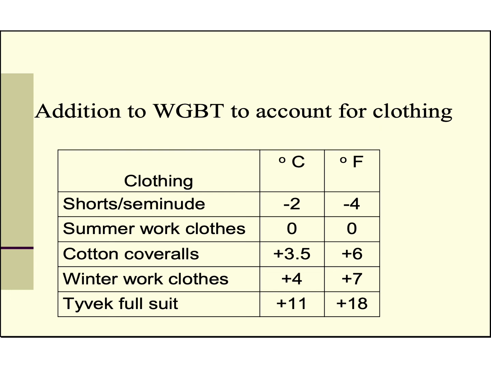The last 2, the winter work clothes and the Tyvek full suit, are from other sources. Even though I put it on there, I'm a little dubious about the Tyvek one, because the WBGT really becomes fairly meaningless if you have a suit that's relatively impermeable to moisture, since you aren't going to get any benefit from evaporative cooling after a very short time.